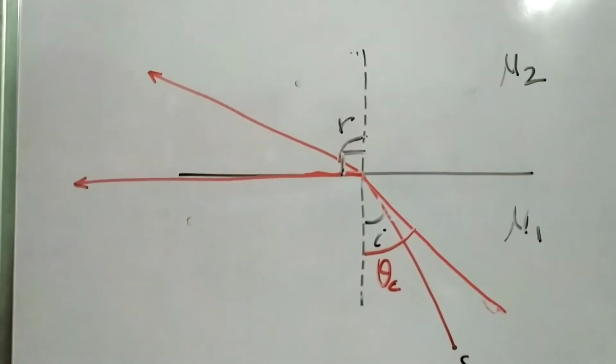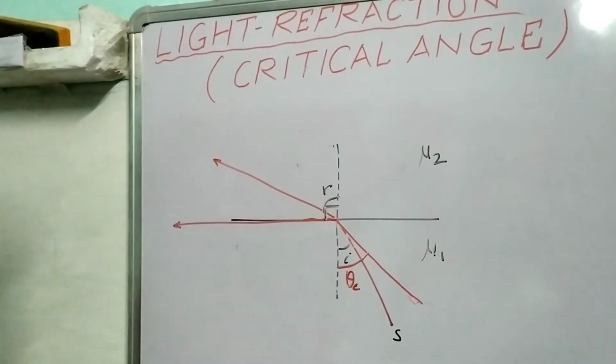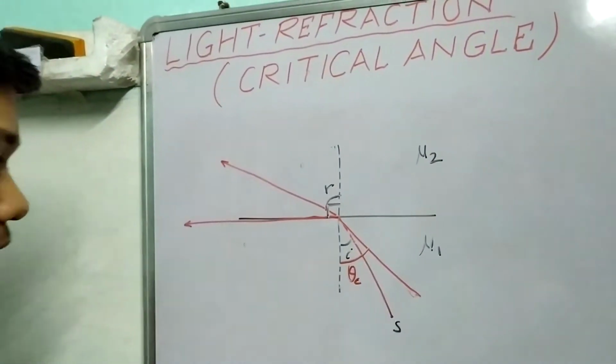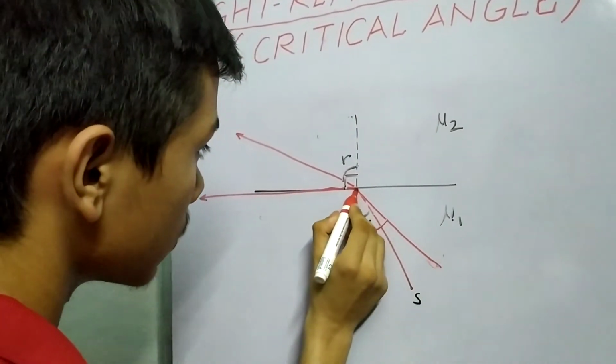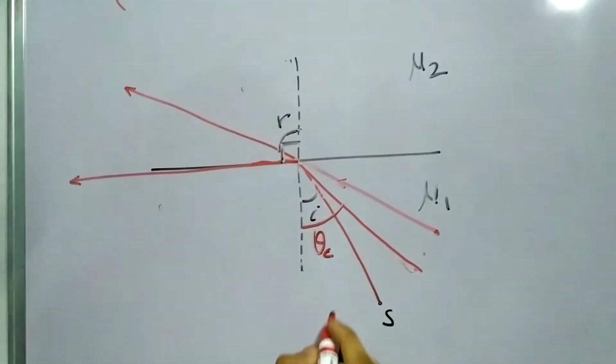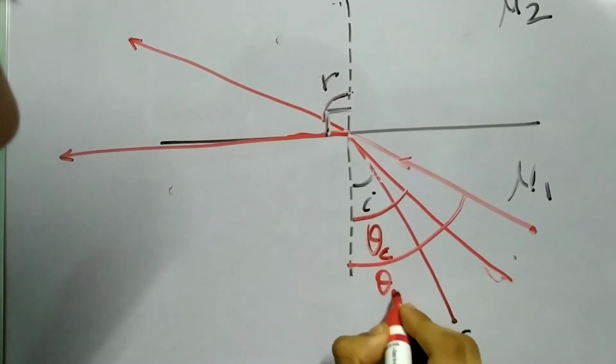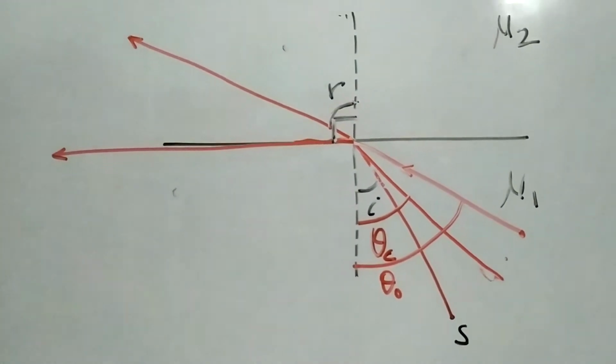Now what will happen if we increase the angle even more? What happens is, just like we saw, that's how light rays will get incident, and let us call this angle, the really big one, theta naught. It's just a random angle.